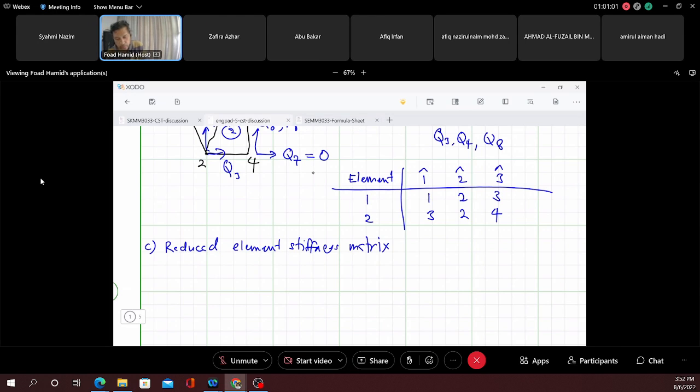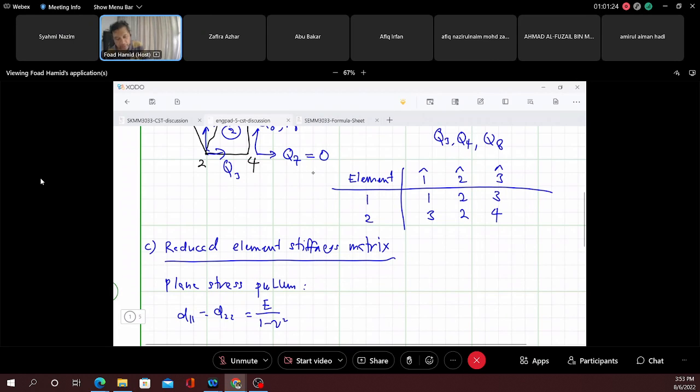So we know that D11 equals D22 equals E over 1 minus mu squared.